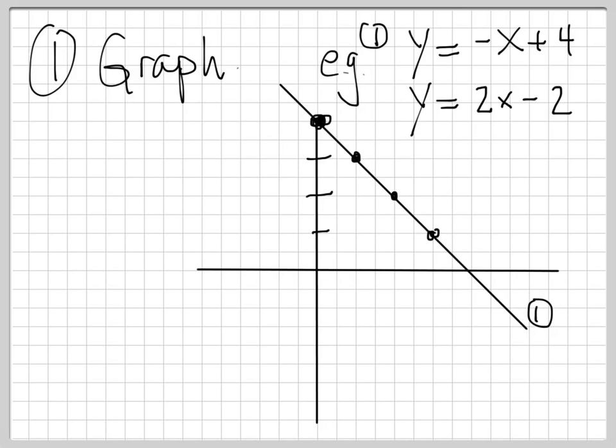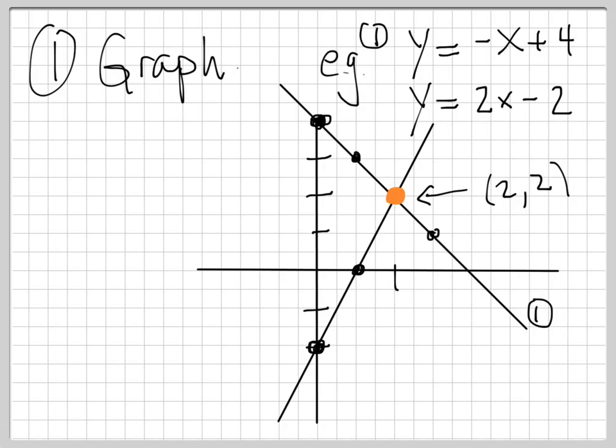And y equals 2x minus 2, that crosses down here at negative 2 and has a slope of 2. And we go ahead and draw our line, and we can see right away they cross here. Where is here? Here is the point 2 comma 2.